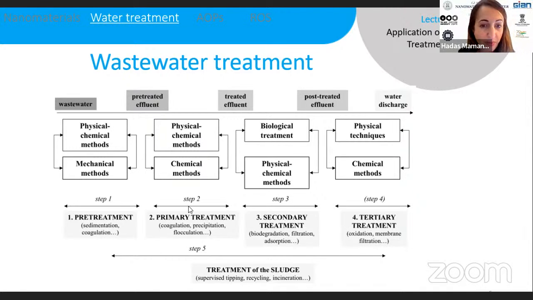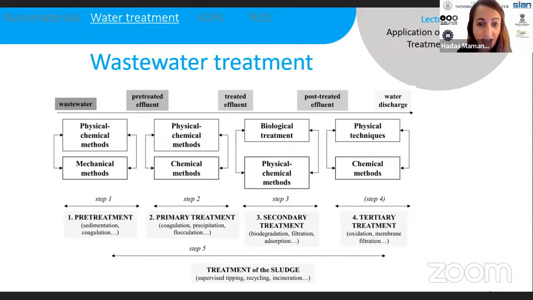Then we have primary treatment, which may include some type of separation and some type of sedimentation, precipitation. We have secondary treatment, which is usually, for example, activated sludge or membrane bioreactors. And then we can have tertiary treatment that includes, in many cases, for example, sand filtration and chlorine disinfection, or it could include membrane filtration, or it can include oxidation.